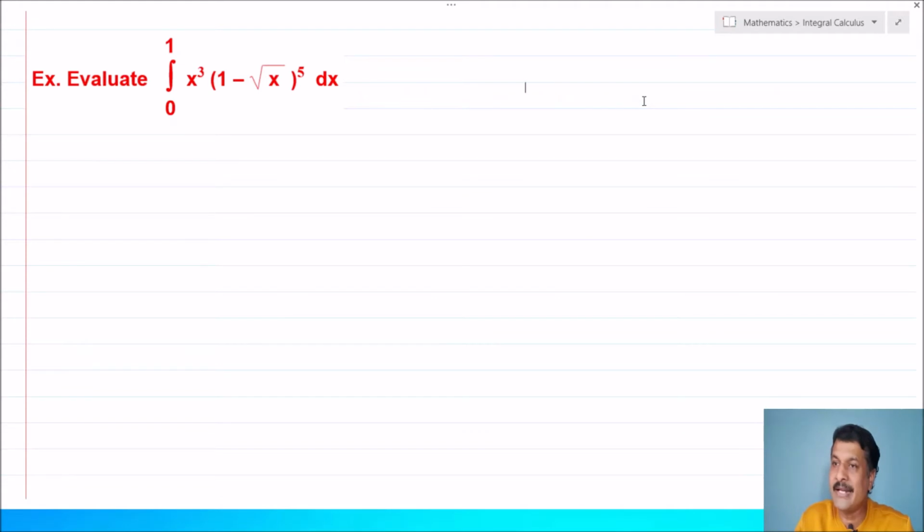Evaluate the integral from 0 to 1 of x cubed into (1 minus root of x) whole raised to 5 dx. So how to evaluate this?